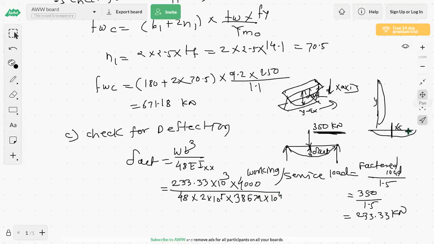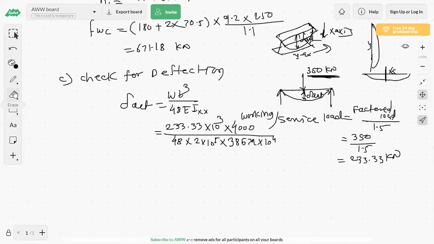Okay, so now calculate. How much delta actual?